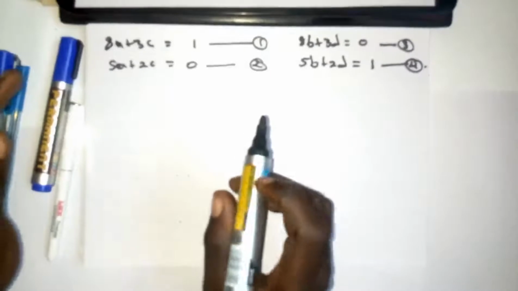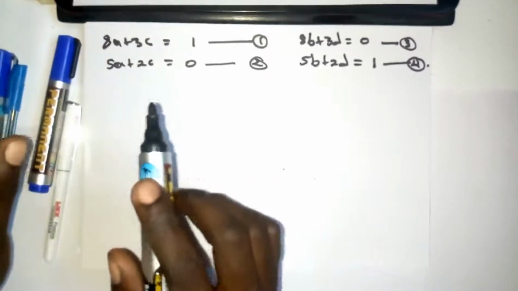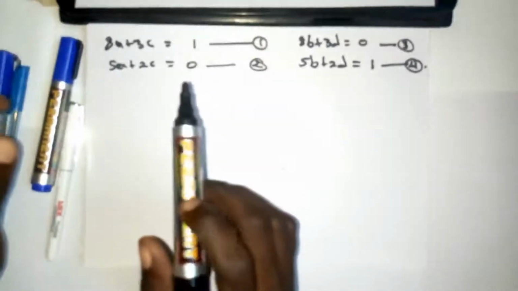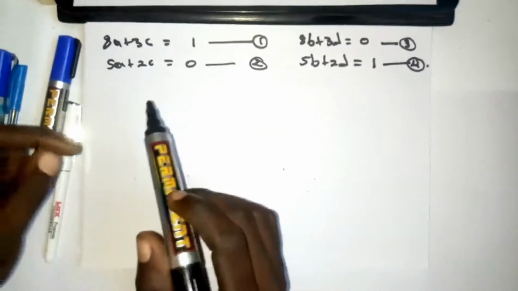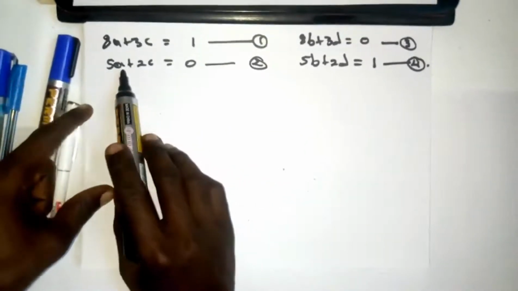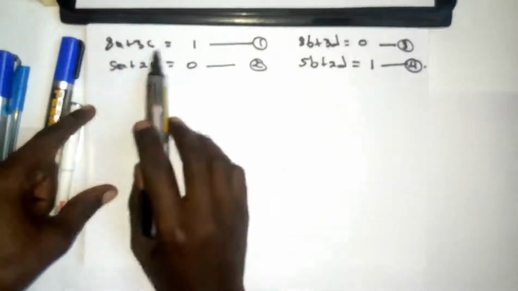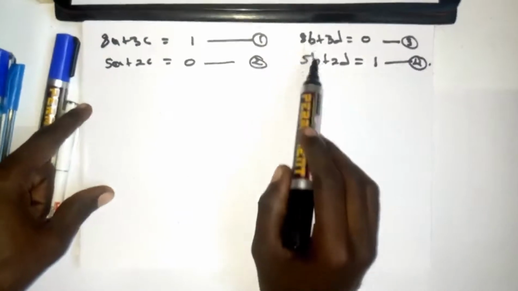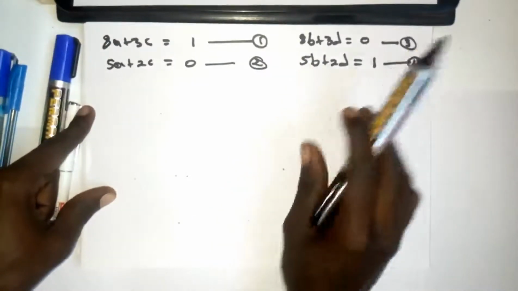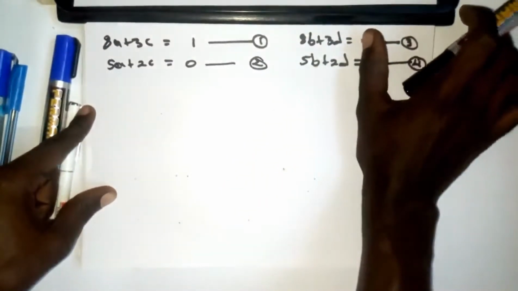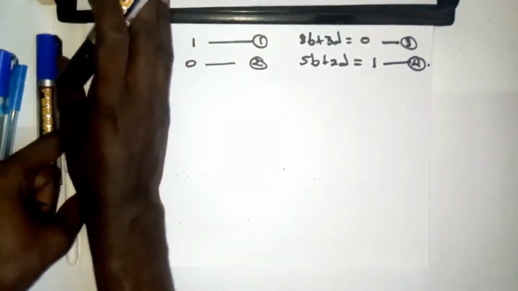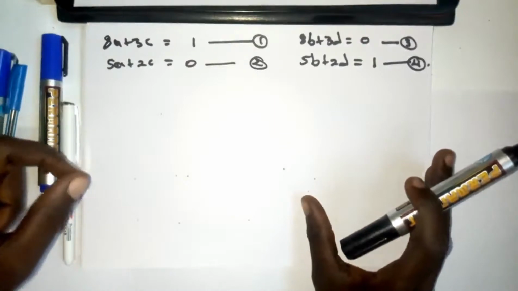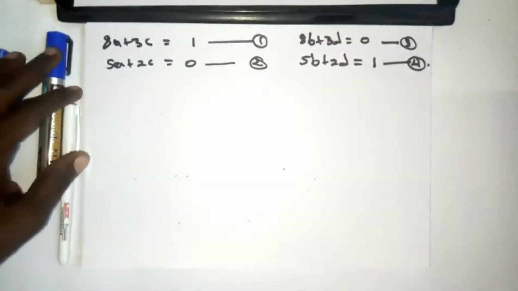Then from there, after forming my 4 equations, I select the equations that are similar. You look at equations which I can solve simultaneously, for example those equations which have similar unknowns. This one has a and c, this one has a and c, this has d and b, this also has d and b. So I can solve these equations separately, but I solve each pair simultaneously.